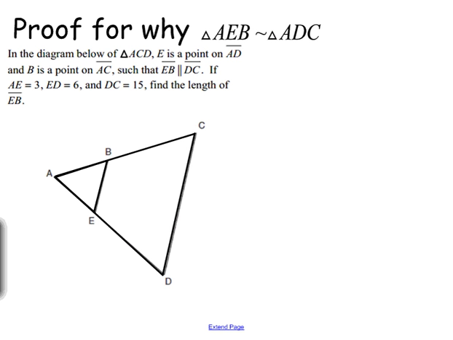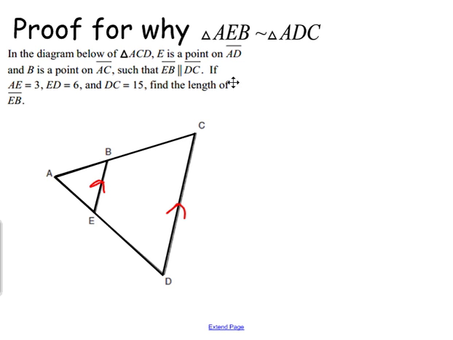Okay, as promised, I'll give you a proof for why the overlapping triangles are similar. Let me begin with some of the information that we are given. We are told that line EB is parallel to line DC, so I'm going to label that in the diagram. Usually when I'm given parallel lines in a proof, I look for either alternate interior angles or corresponding angles.